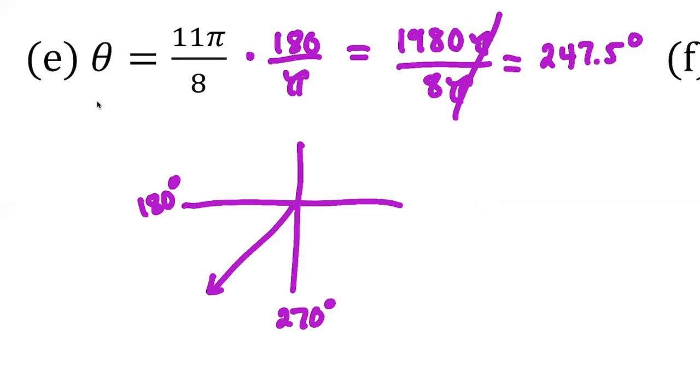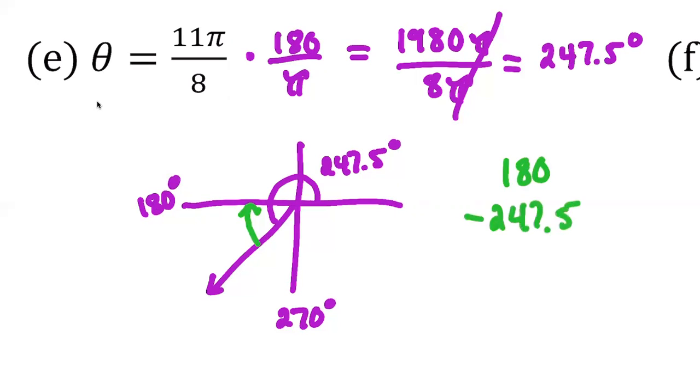But again, we have an issue because this angle right here is 247.5 degrees. Our job is going to be to find the reference angle, which just goes down from my angle to the nearest x-axis. Probably an easier way to go about this is taking 180 minus our angle of 247.5 degrees to give us what that angle is.